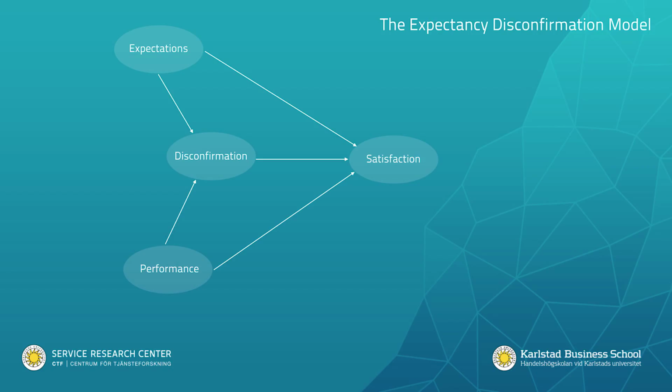The direct link between performance and satisfaction represents a direct effect of performance, and this is not mediated by disconfirmation. This occurs when a person is unable or does not want to reflect on performance. Expectations and performance are also linked with a curved double-headed arrow, implying a correlation between expectation and performance.